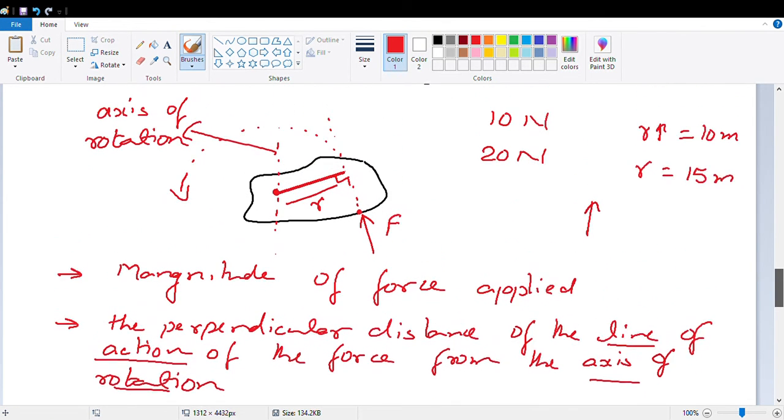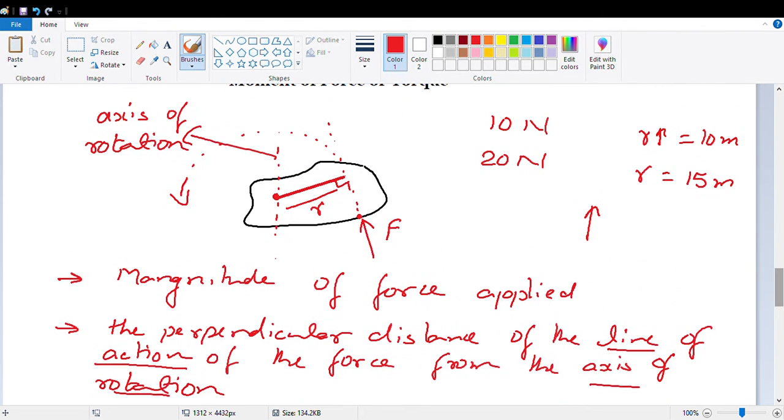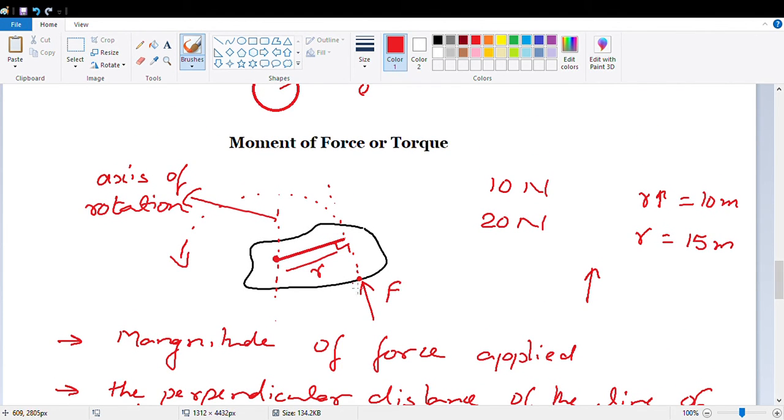So as we have seen, the rotation was caused by two things. First, the force applied, and second, the distance from the line of action to the axis of rotation.